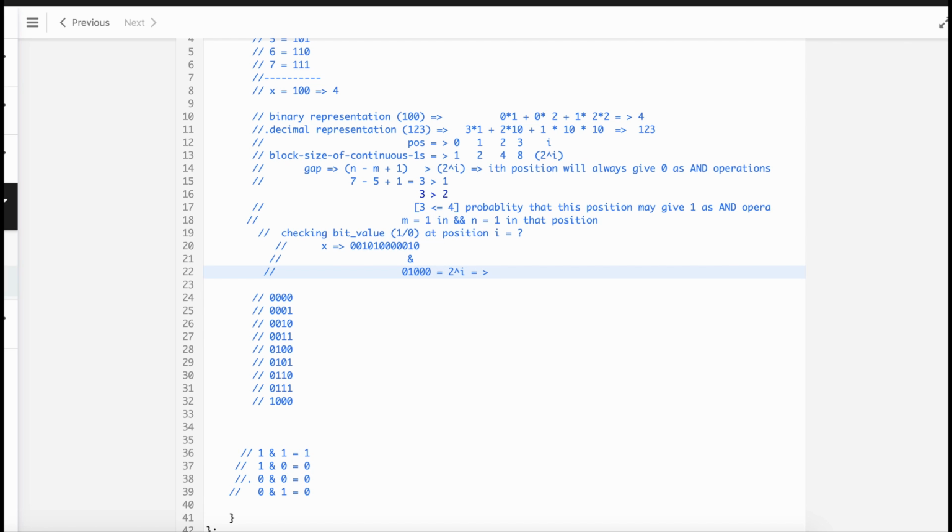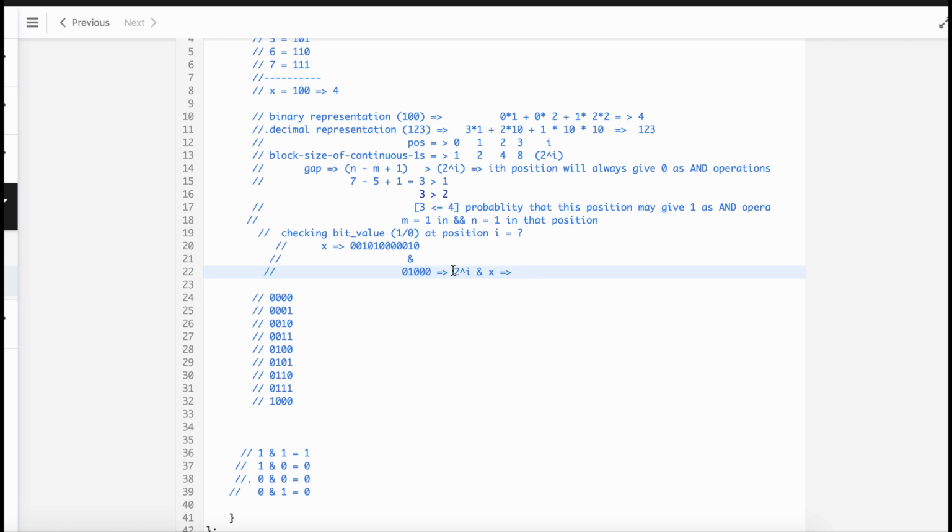We have to have 2 to the power i, and if we AND 2 to the power i with x, this will help us identify whether the value at the current ith position is 1 or not.